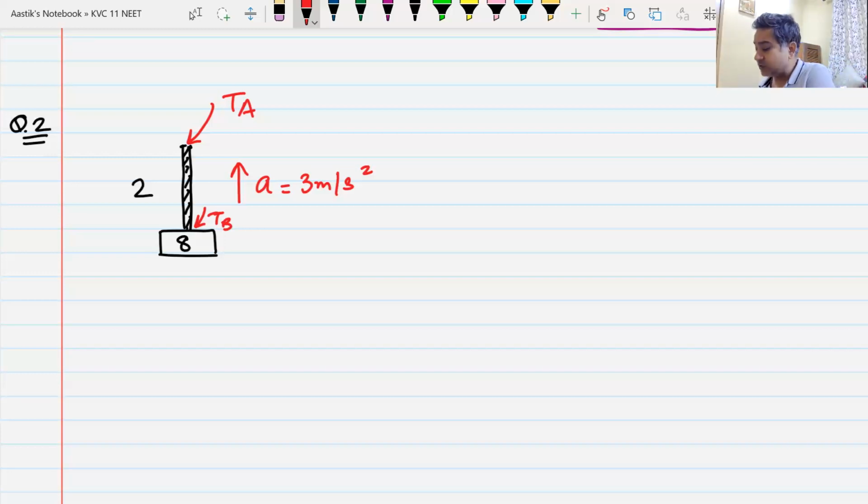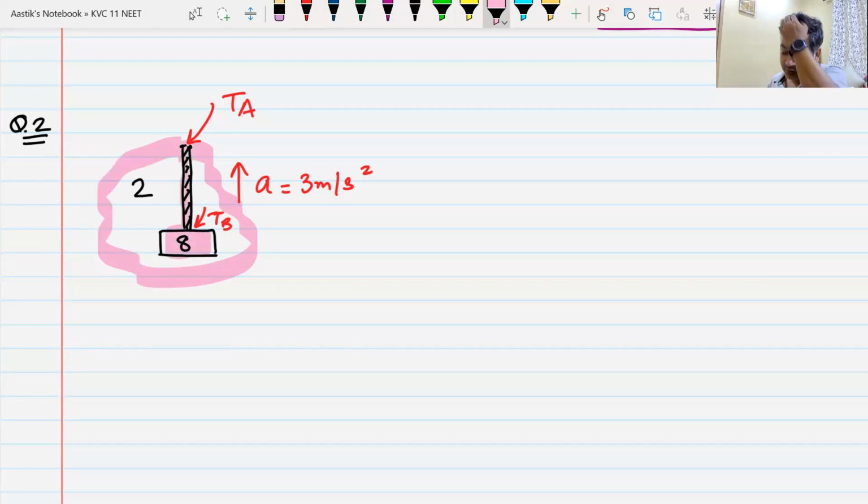Okay, so how are we supposed to do this? To find the tension at point A, I will take this entire thing as one body. The upward pulling force is tension at point A. The downward force is the weight of this entire body.